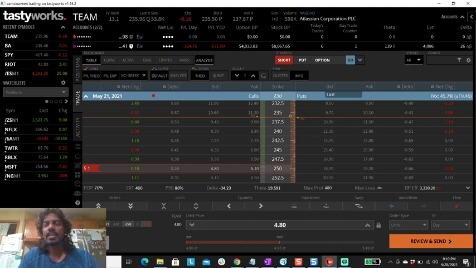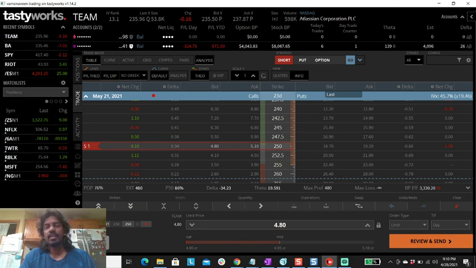The max profit for this guy is $480 and the probability of profit is 76%, but the max loss is infinity, because the stock could theoretically go up to infinity. Of course, it's not going to do that, but if it did, whoever sold you this has unlimited loss potential.